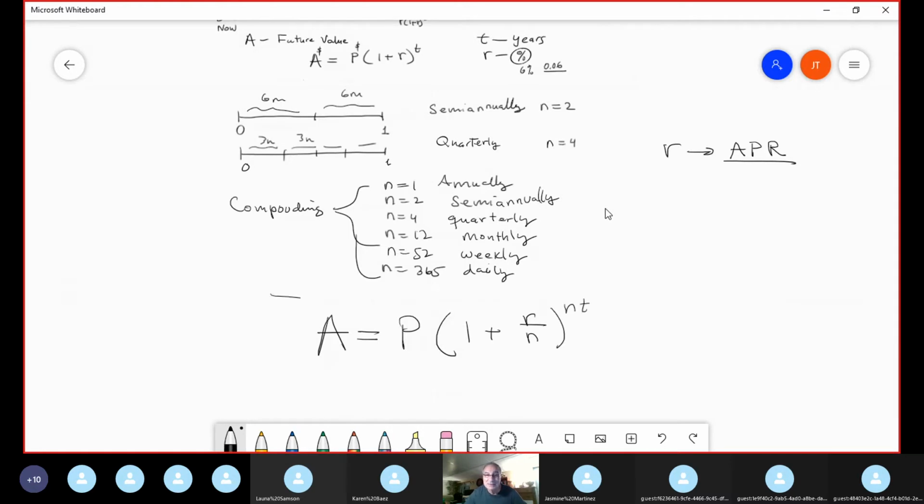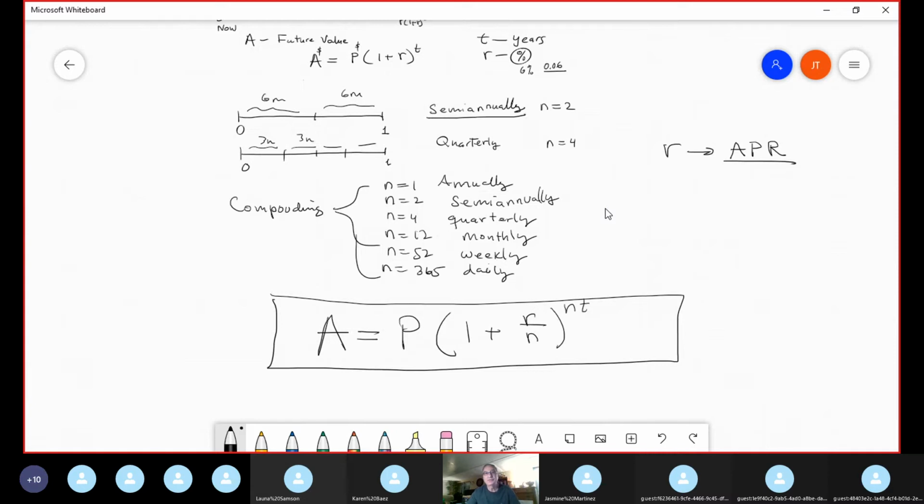So the exponent is the multiplication of N and T, which represents the periods. In the semi-annual case, 1 year has 2 periods: 1 period, 2 periods. So 1 year equals 1 year, and N equals 2 because it's semi-annually.